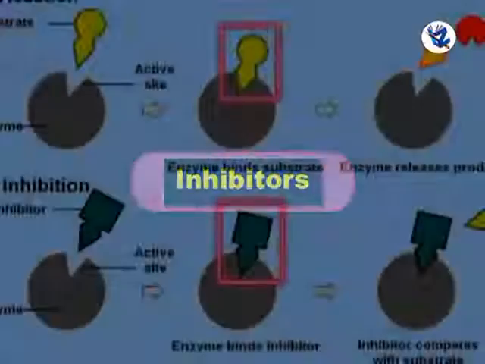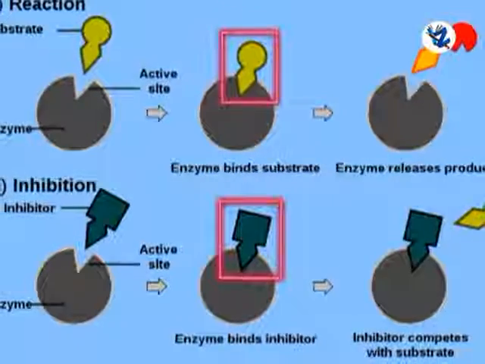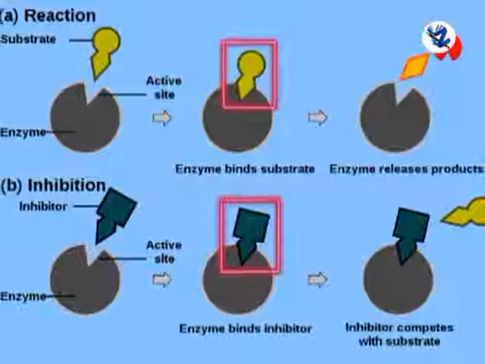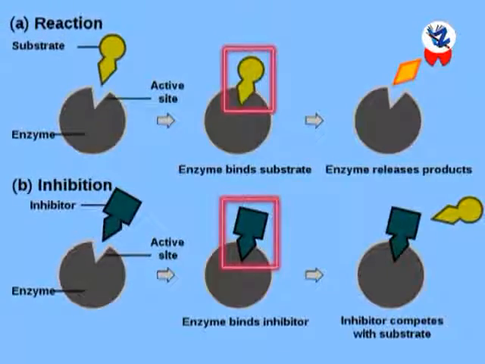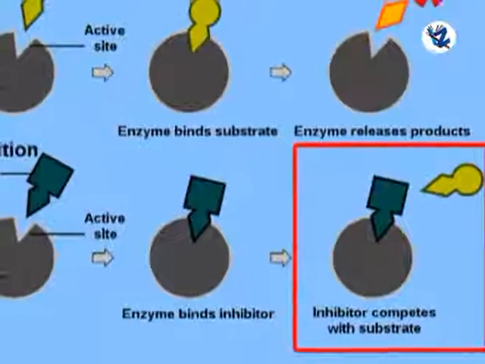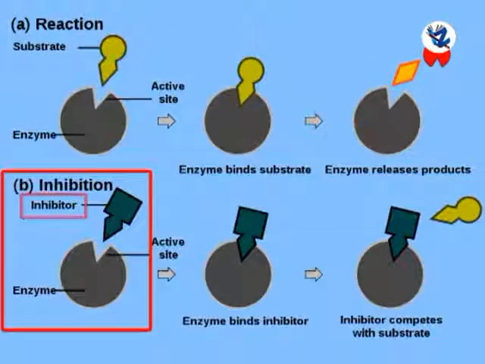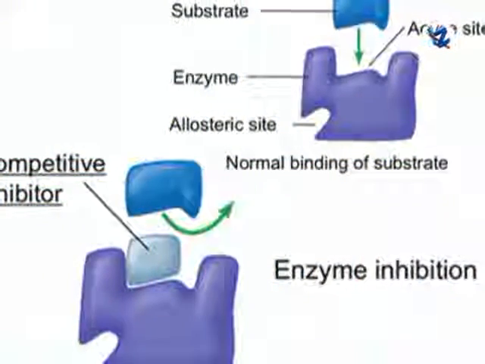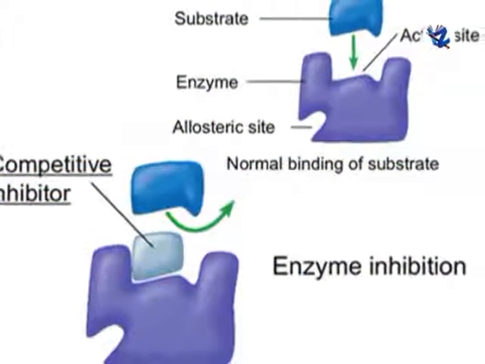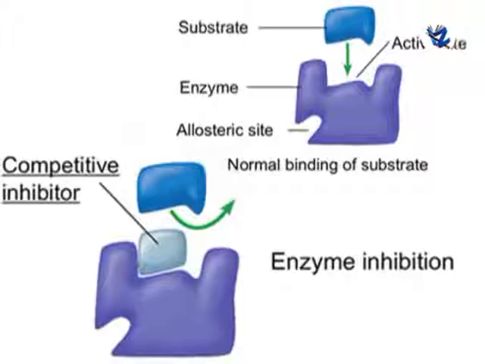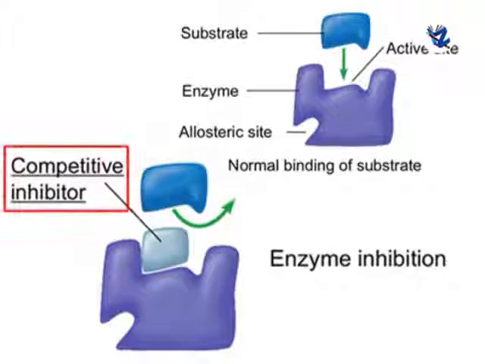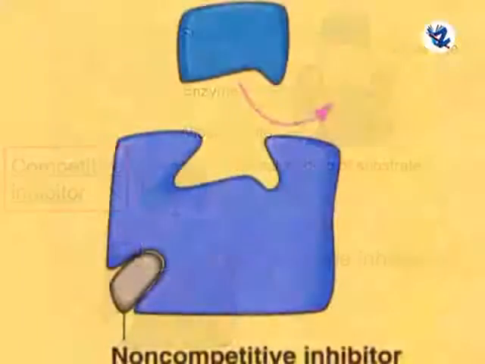Then inhibitors. The enzymes are sensitive to the presence of specific chemicals that bind to the enzymes. When the binding of the chemical shuts off enzyme activity, the chemical is an inhibitor. The inhibitor that closely resembles the substrate in its molecular structure is called competitive inhibitor.